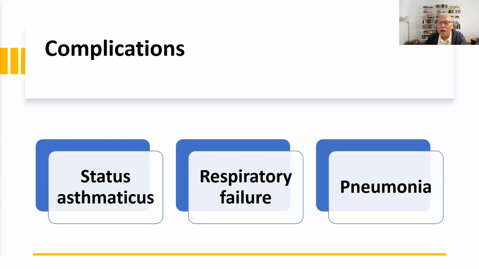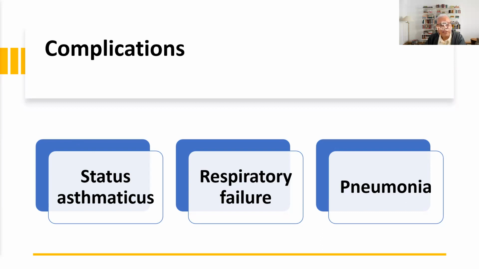All right, so what are the complications of asthma? Well, the complications of asthma include status asthmaticus. Airway obstruction in status asthmaticus often results in hypoxemia. This is uncontrolled asthma. And the other thing that could happen is respiratory failure.